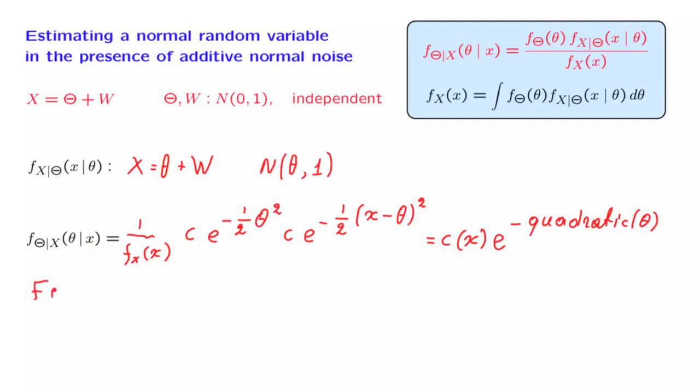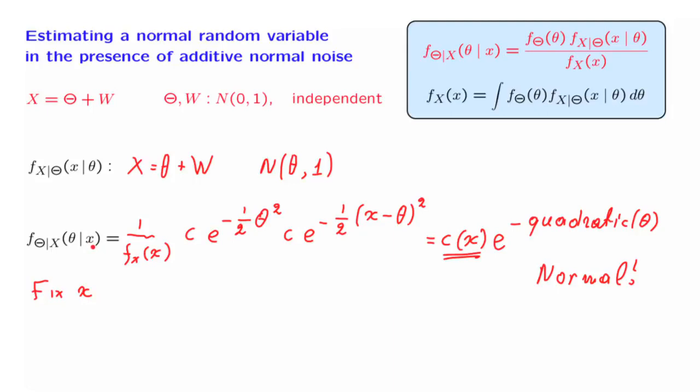So let us fix a particular value of little x and concentrate on the dependence on theta. With x being fixed, this is just a constant, and as a function of theta, it's e to the minus something quadratic in theta, and we recognize that this is a normal PDF. So we conclude that the posterior distribution of theta, given our observation, is normal.